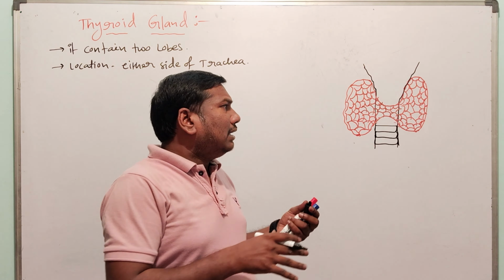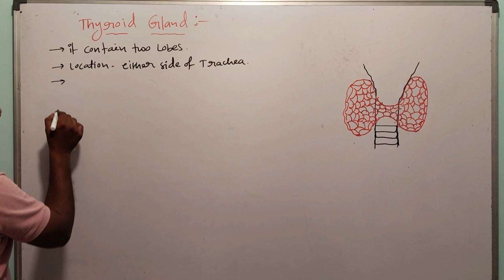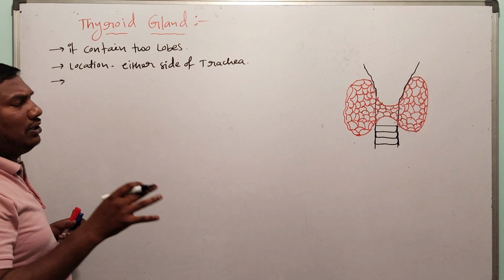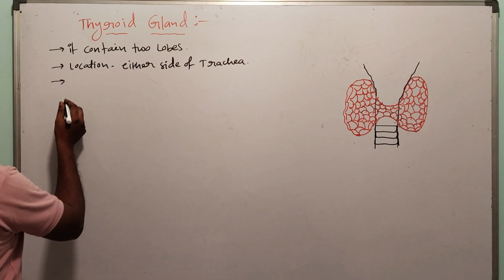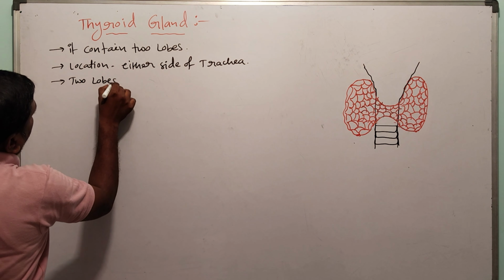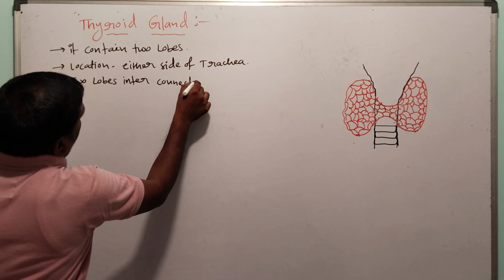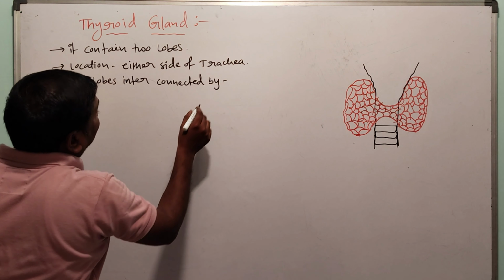These two lobes are interconnected by connective tissue, that is called the isthmus.